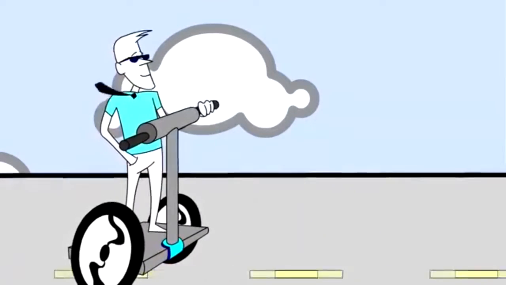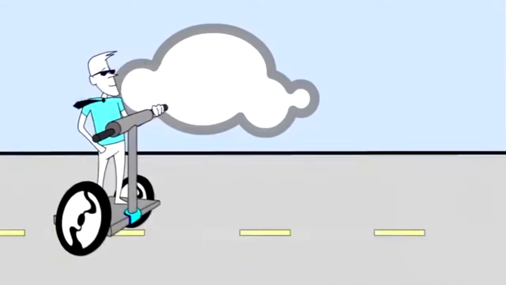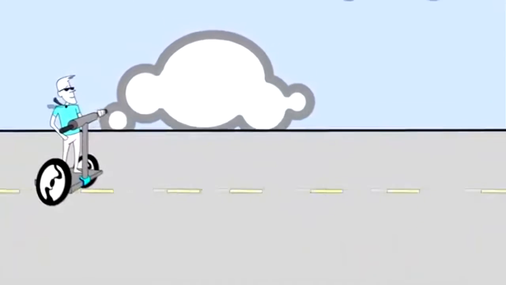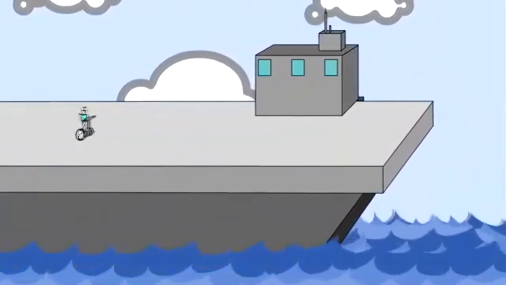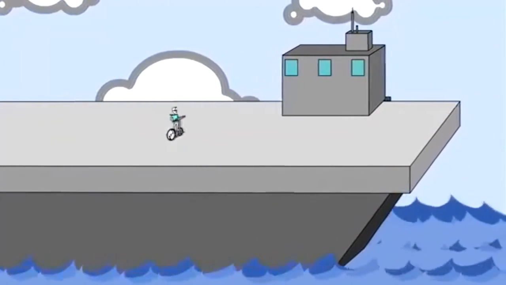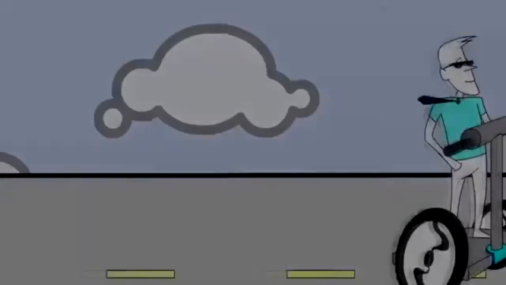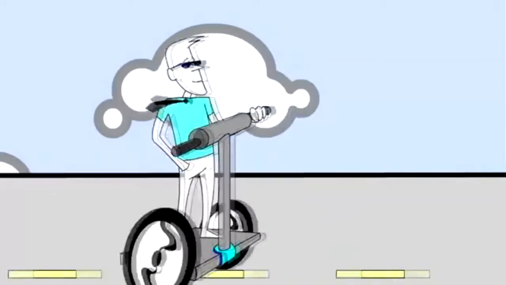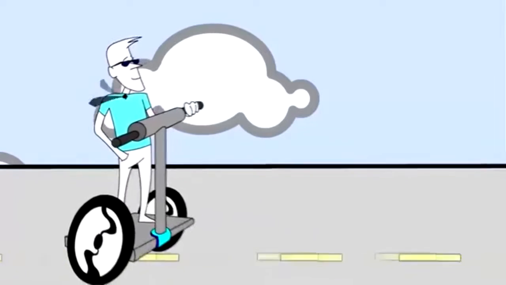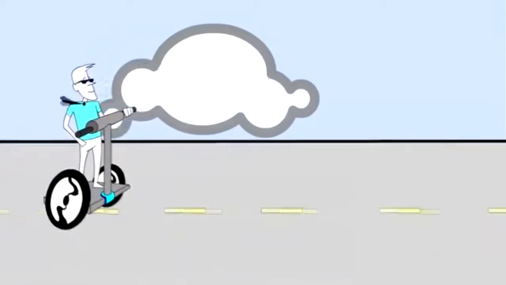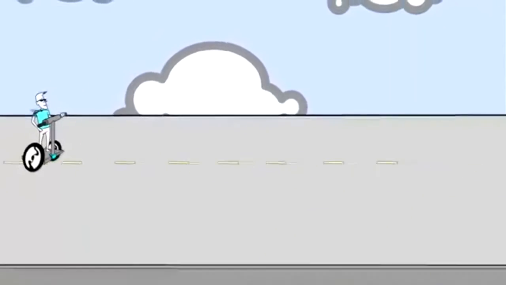So, from our perspective, the man on the Segway is not simply going the velocity v, but he's going v plus w. His velocity on the Segway plus the velocity of the aircraft carrier. This is a consequence of maintaining the relativity of motion.